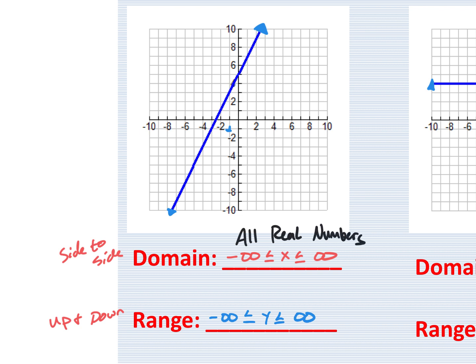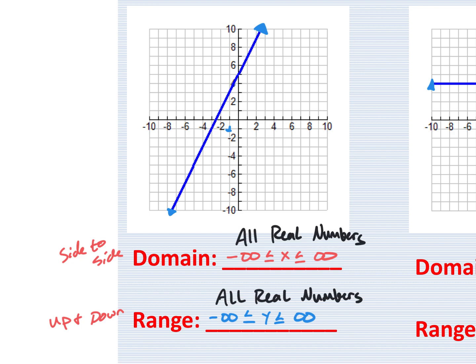So since these have negative infinity and positive infinity on them, instead of saying it's from negative infinity to positive infinity, I'm going to allow you to just use the phrase all real numbers. Because that tells me that I could choose any number in the world that I want to, and that will give me what I need. Are y'all okay with that?